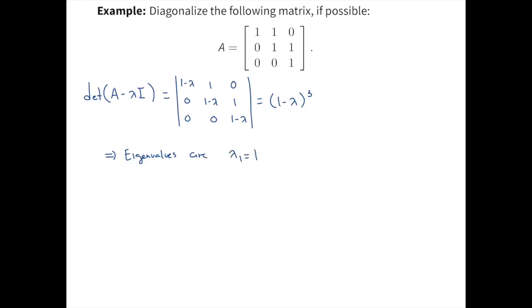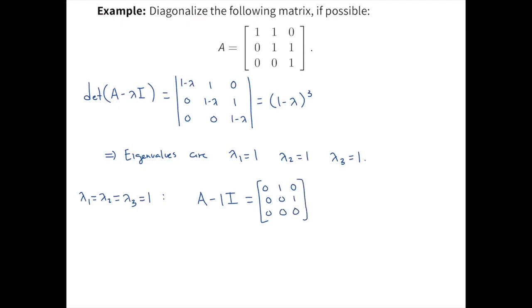So lambda 1 is equal to 1, lambda 2 is equal to 1, and lambda 3 is equal to 1. Okay? So now let's go ahead and find our eigenvectors. If we look for our eigenvectors for this eigenvalue, we're going to start off by doing A minus 1 times the identity, which is just the matrix 0, 1, 0, 0, 0, 1, 0, 0, 0.